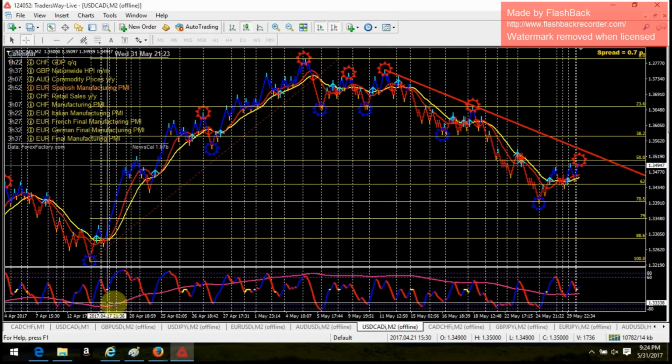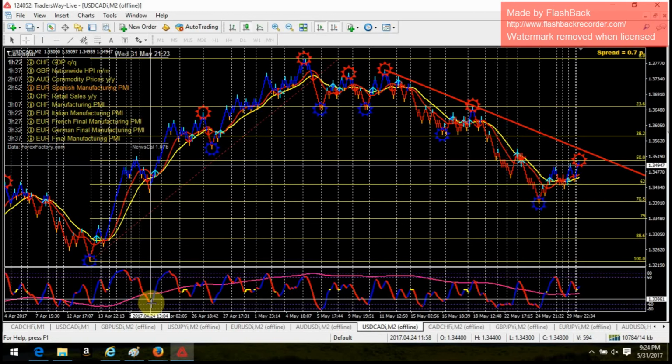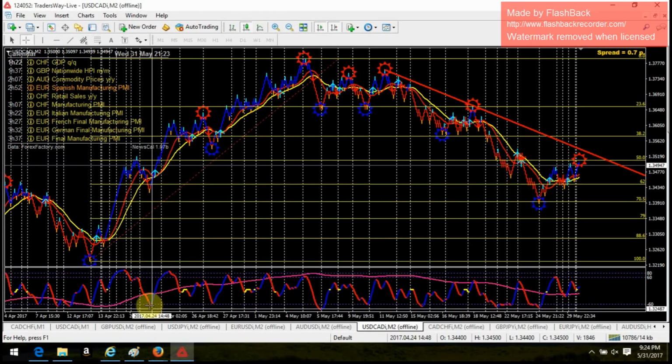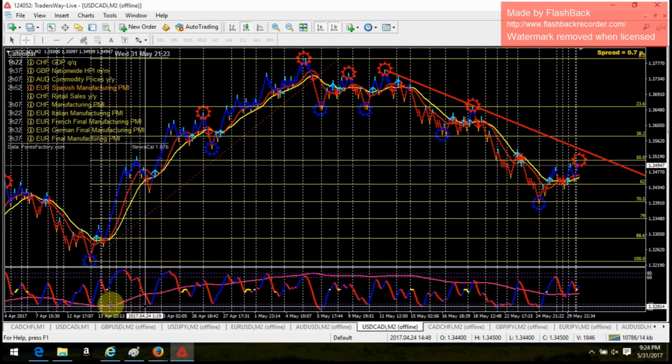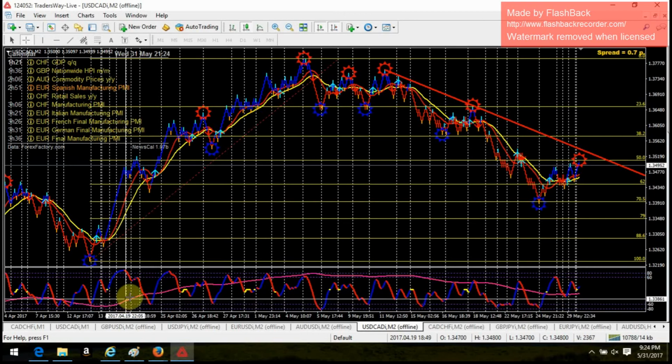This is a buy zone. When it goes into the top, this is a sell zone. Top parameters are 60, 80, and this is negative 60, negative 80 for this buy zone. So once the Magenta line goes into there and leaves successfully, then you know the trend has changed to up.